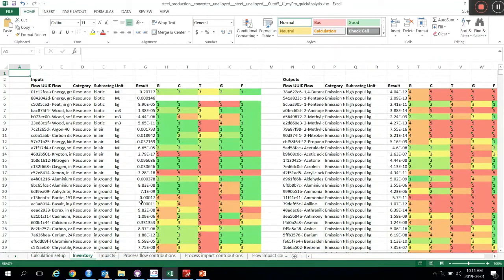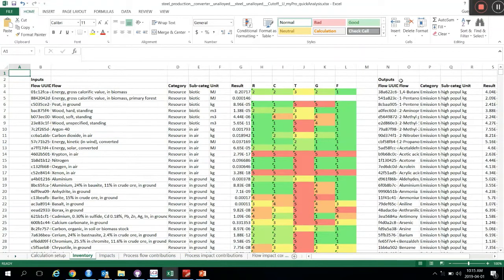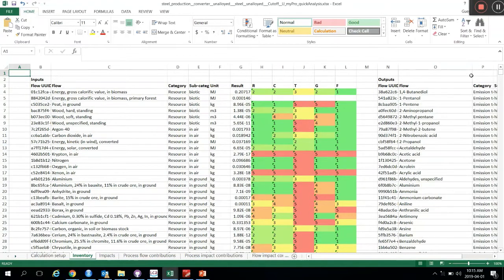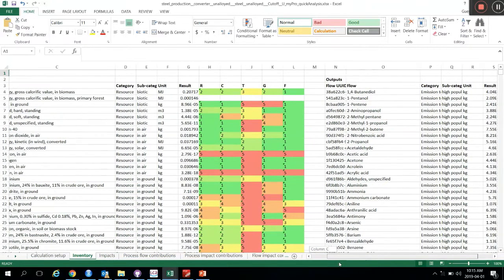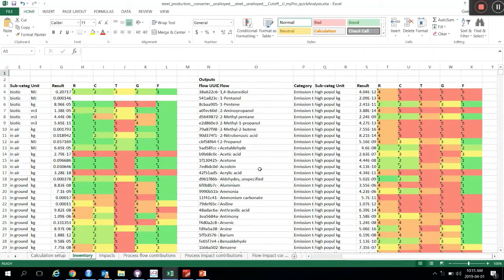Okay, so inventory analysis, again, is just showing you the total cradle-to-gate, or cradle-to-grave, in this case cradle-to-gate, requirements in terms of flows and in terms of activities, so products. It's not giving you any insight into why we require this much, it's just telling you the total amount.